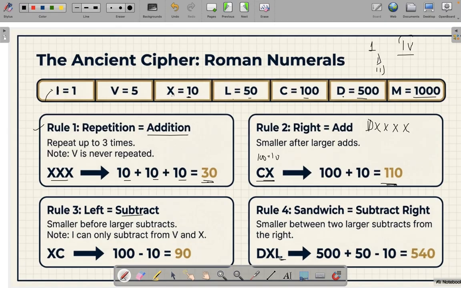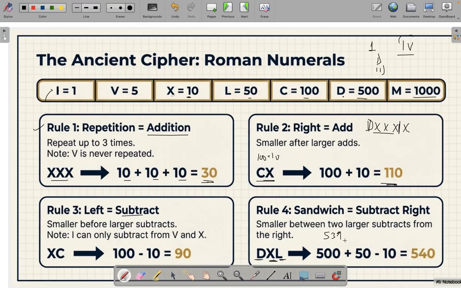L means 50, and the number to the left means 40, because you are subtracting 10. And then you have D, so 540. And when you have 39, you can just use IX. This separation means you are no longer repeating three Roman numerals at once. So that is why you are able to write DXXXIX for 539, and you should not write DXIL or DIXL for 539. Okay?